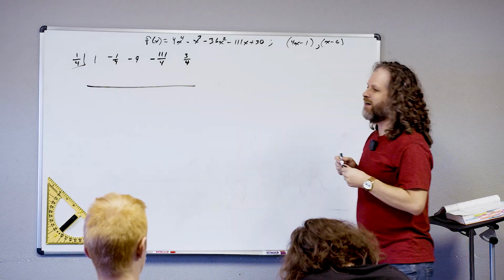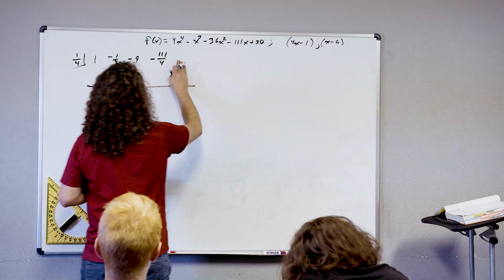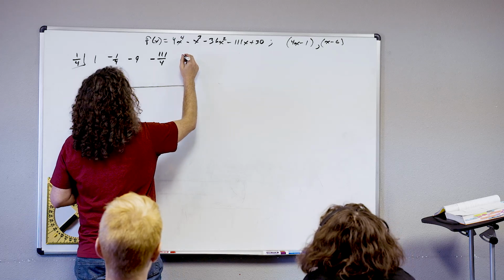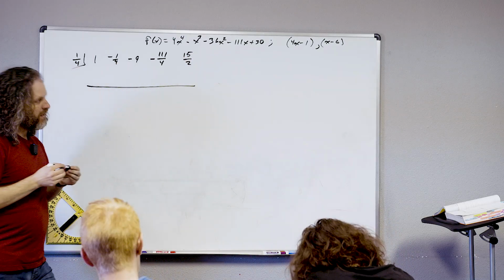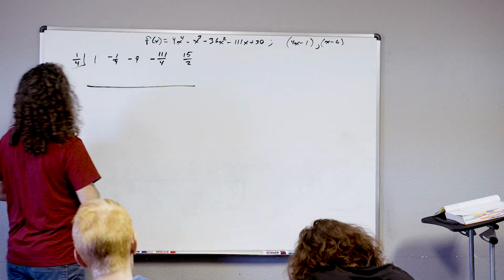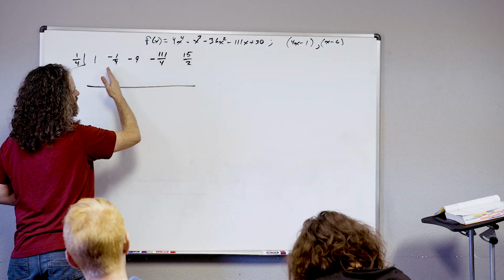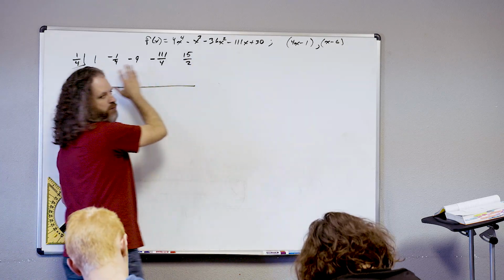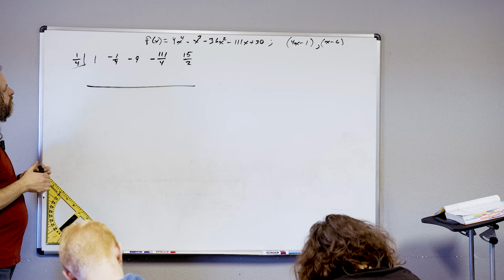I'm sure I did, but then I wrote 3, which means this is not that. It's 15 halves. I was getting there. Okay. So I divided everything by 4. So 4 divided by 4, negative 1 divided by 4, etc. All of these coefficients divided by 4 are these. Make sense? Yeah. Good. Okay.